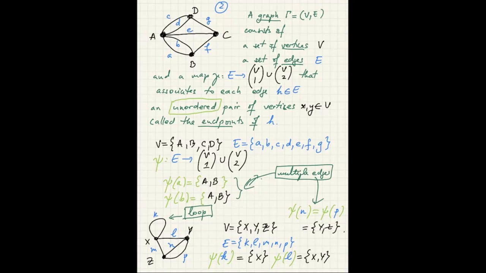Okay. All right. So that's the definition of a graph. When we don't want loops and we don't want multiple edges, that graph has a name. A graph is called simple if it has no loops and no multiple edges.